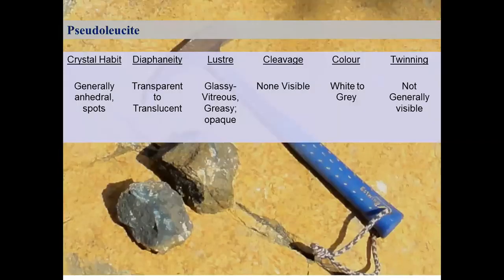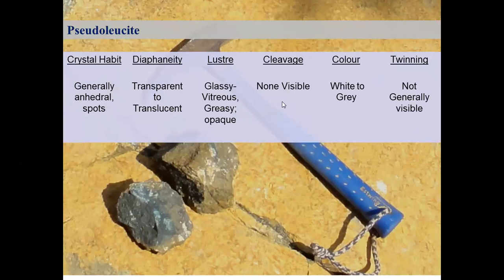Right, let's look at the general rundown for our pseudoleucite. Anhedral, and it's spots, technical term if you like. Transparent to translucent: the transparent stuff is the nepheline, and the translucent is the alkali feldspar. As I say, it's the greasy material which is the nepheline. Opaque is the alkali feldspar.